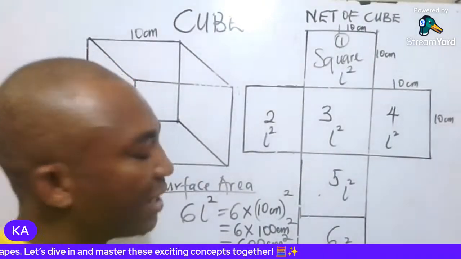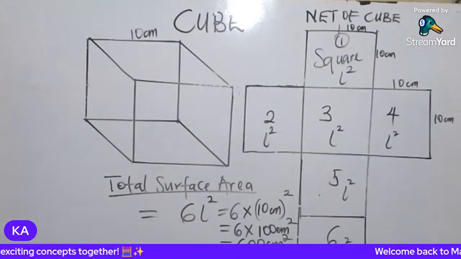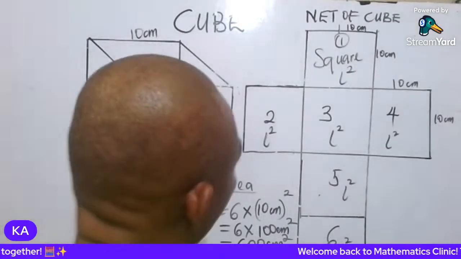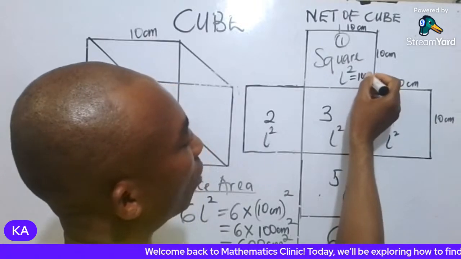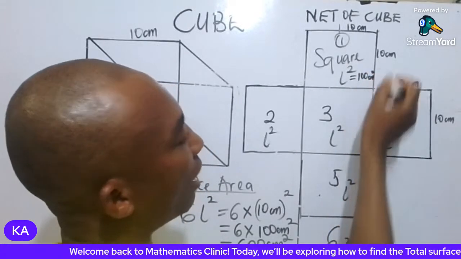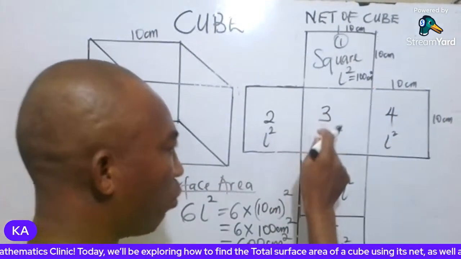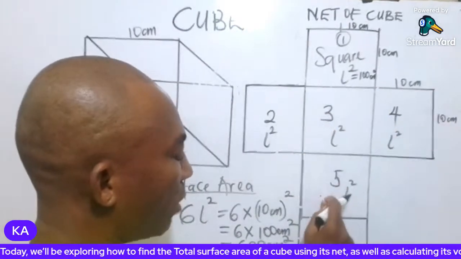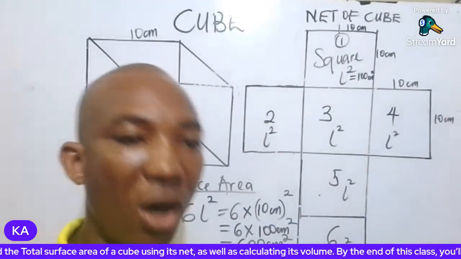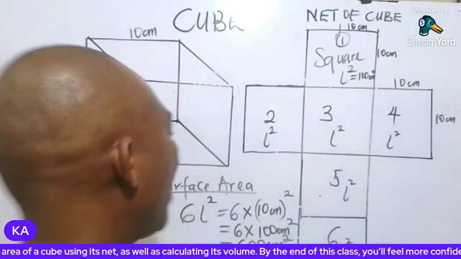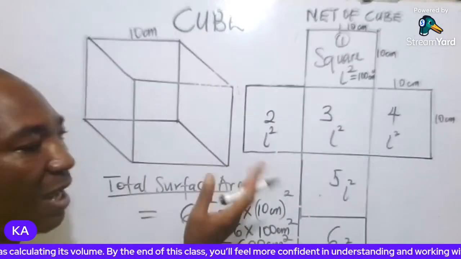So the total surface area of this is 600 centimeter squared. Even if you look at the area of one face, it is just 100 centimeter squared. And when you add 100 plus 100 plus 100 plus 100 plus 100 plus 100, of course, that will give us 600. And that is why the total surface area of this is 600 centimeter squared.